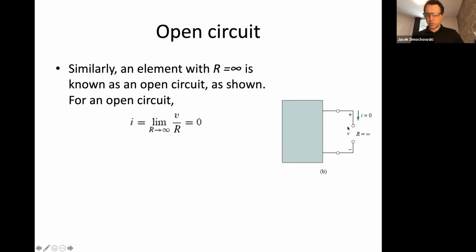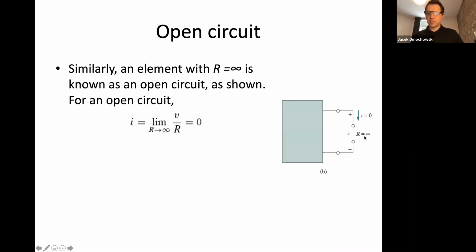The way that we draw an open circuit is to have 2 terminals that are left open, so they're not connected. So in this picture, no matter what the V is across these 2 points, no current will flow in this branch. Again, that is because this open circuit has an infinite resistance.